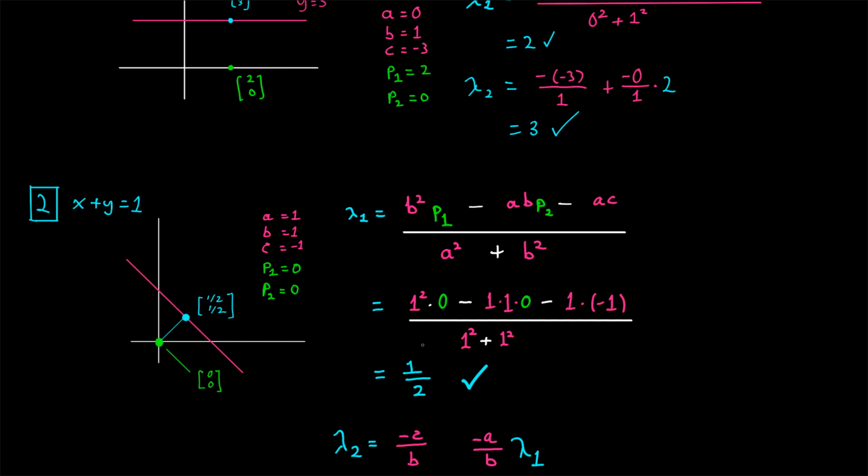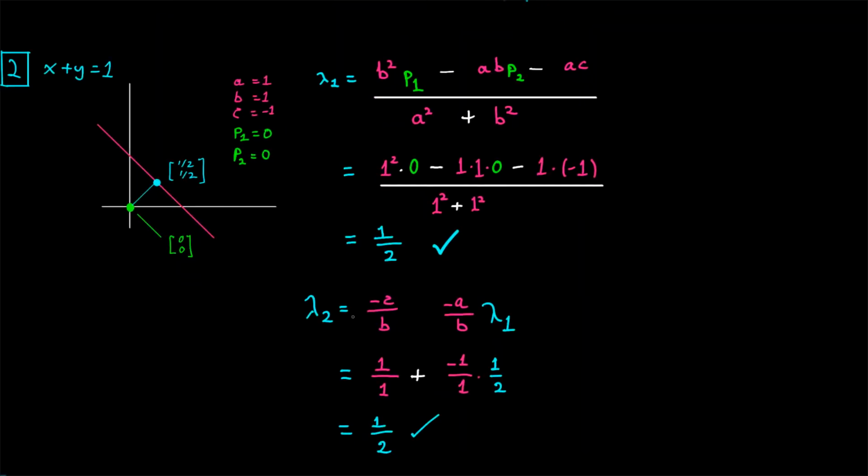All right, and that is equal to, we just plug in 1 squared times 0, so that's b squared times p1, minus a times b times p2, which is 1 times 1 times 0, minus a times c, which is 1 times minus 1, over 1 squared plus 1 squared. Well, the only non-zero term here is minus 1 times minus 1 over 2, so this is a half. Got the correct answer.